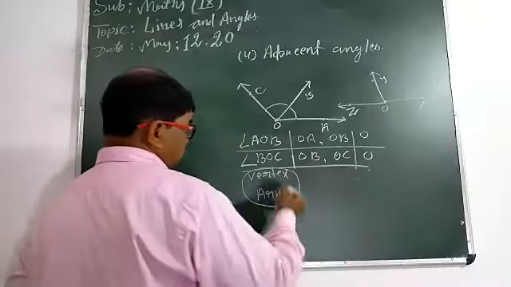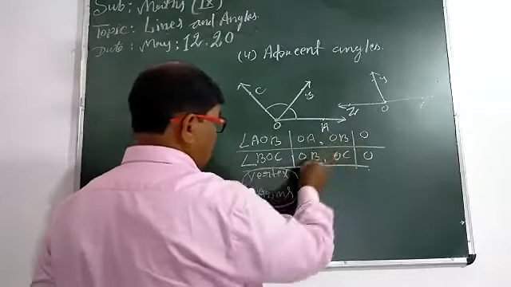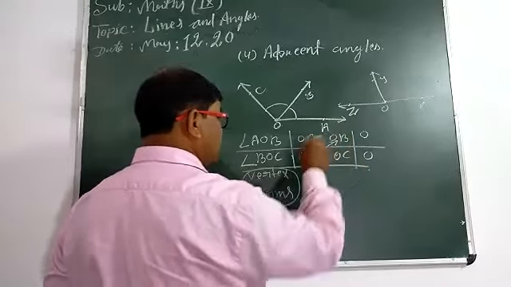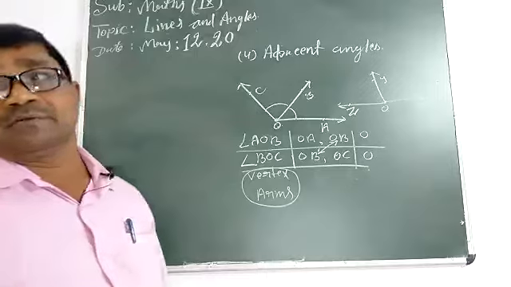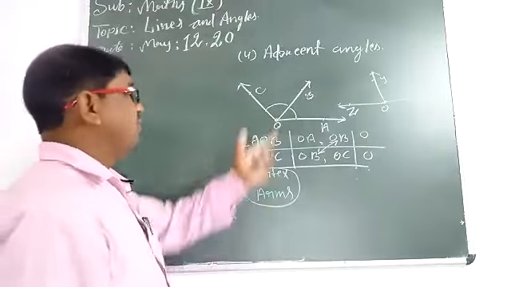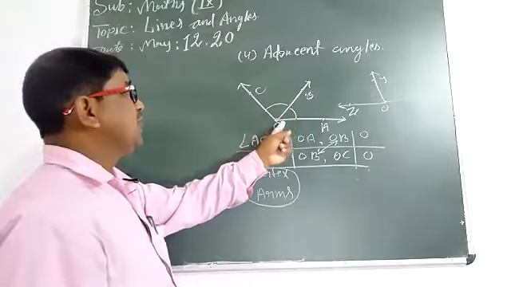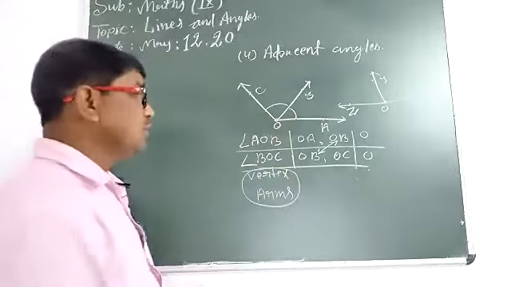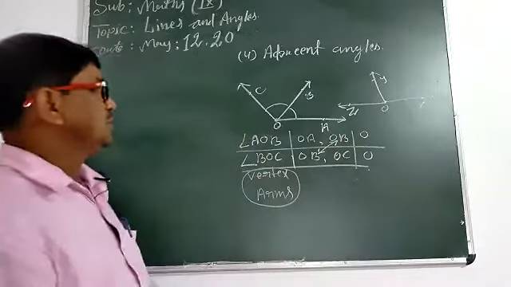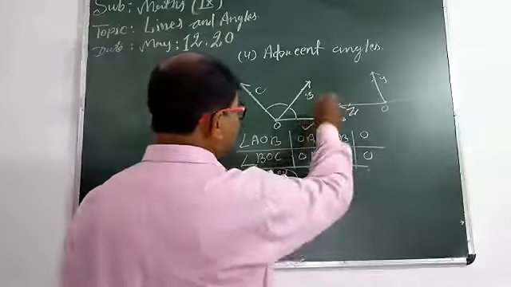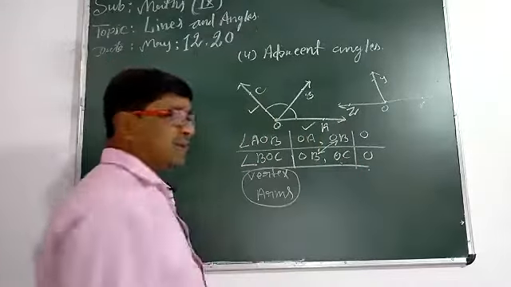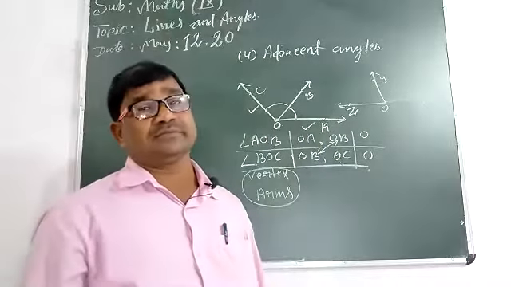Now, we should think about OA, OB, OB, OC. It means OB and OB. OB is common for these two angles. OB is the arm for the first angle and OB is the arm for the second angle. So OB is the common arm, but OA and OC are not common.